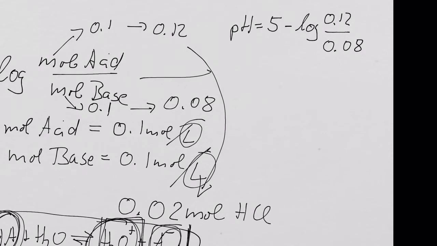You've done that, Jessica? pH equals 4.83. Yeah? So the pH went down. That was not completely surprising because we added acid. It went down to 4.83.